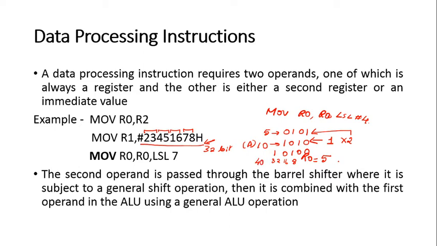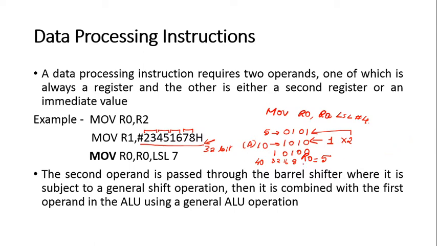I'm going to shift it 2 times, so 2 to the power of 3. One time shift, another time also shifting. This is as good as multiplying by 2 to the power of 3, that is 8 times. So 5 into 8 is 40.